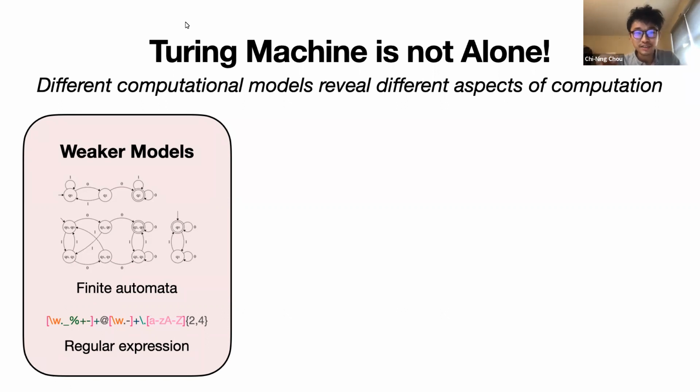So there are some computational problems the Turing machine can solve, but a weaker model cannot solve. A textbook example is finite automata. But one thing I like even better is something called regular expressions. For those who do some real coding, you will know regular expressions are quite useful for finding certain patterns in text. But they are actually weaker than the Turing machine.